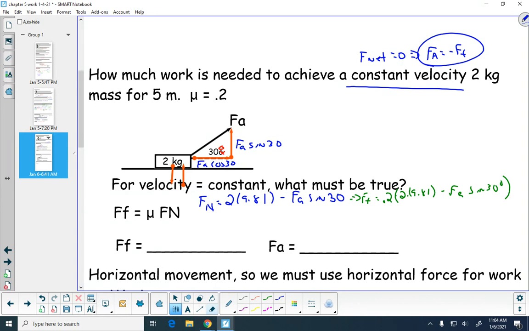Well, the force applied going horizontally is FA cosine of 30. This has to be equal to the opposite of 0.2 times (2 times 9.81 minus FA sine of 30 degrees), which now gives us an equation to solve for FA.